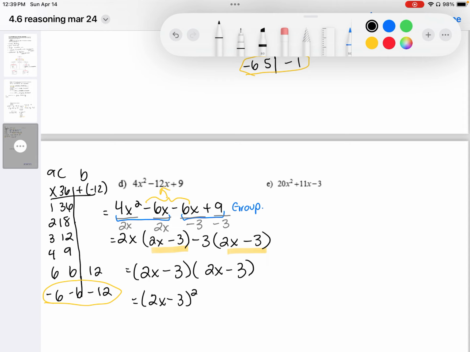Okay. All right, so the next one I will do by box. It is also a complex trinomial, sorry. Okay, so with the box, you have to put the A term in the top left and the C term, sorry, in the bottom right.